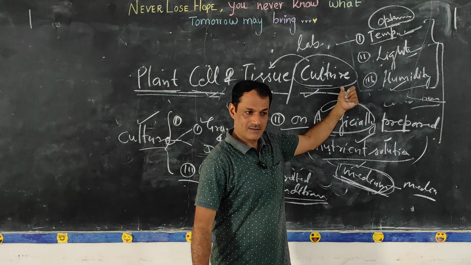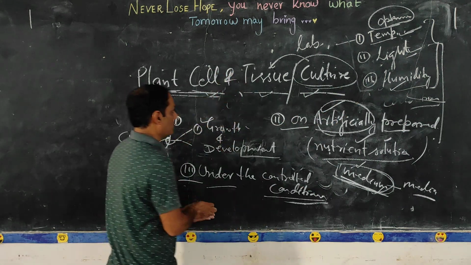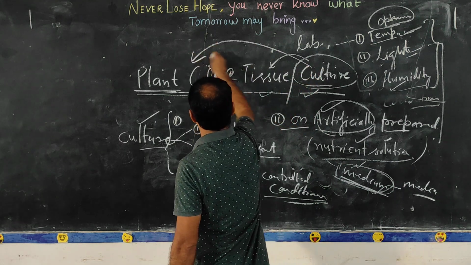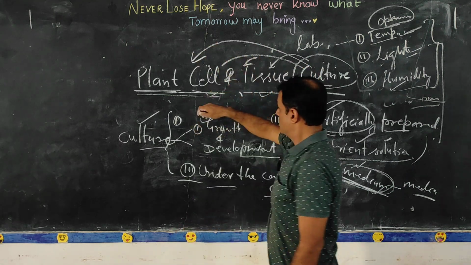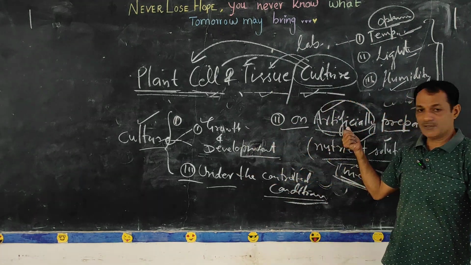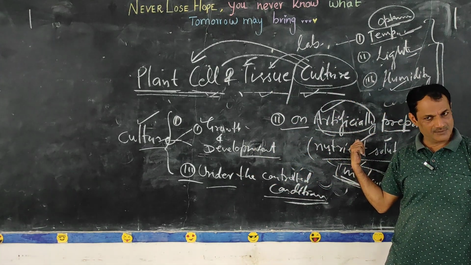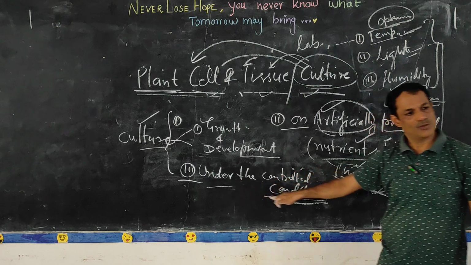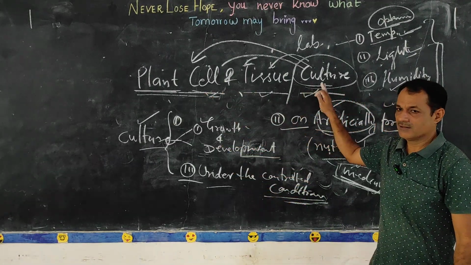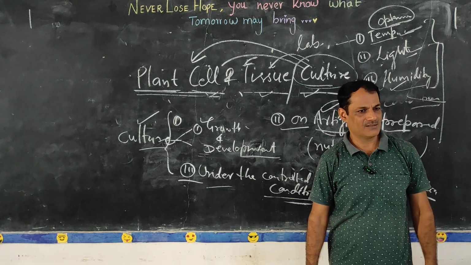Culture means the growth and development of plant cell and tissues on artificially prepared nutrient solution, that is medium, under the controlled conditions. That is called plant cell and tissue culture. Got the point?